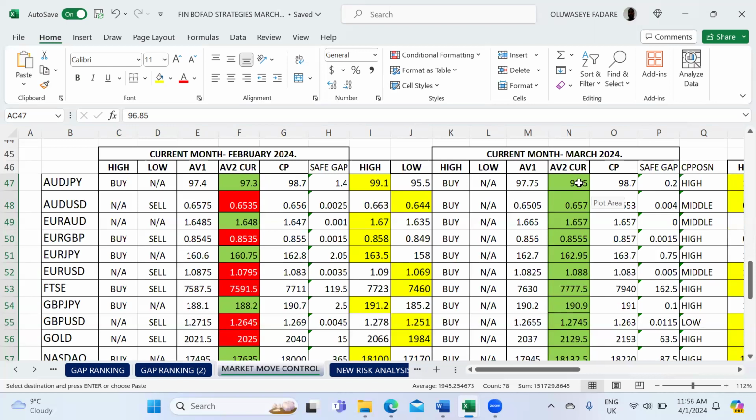So that will help us to take the best and the correct action as early as possible to enable us to get the best result from the market. Okay, so that's what we want to achieve from that.